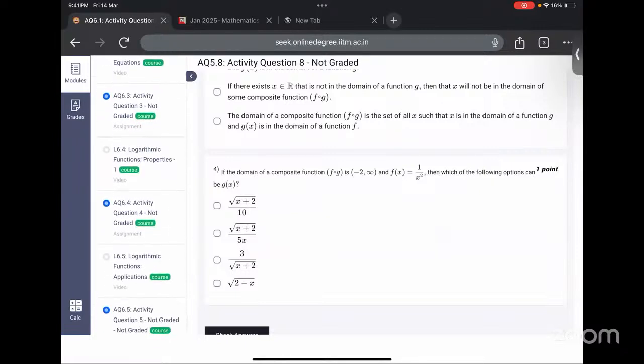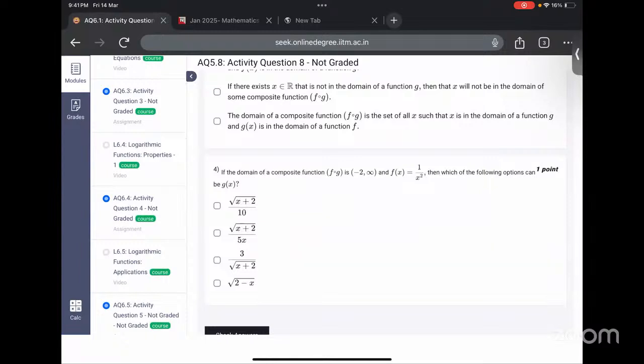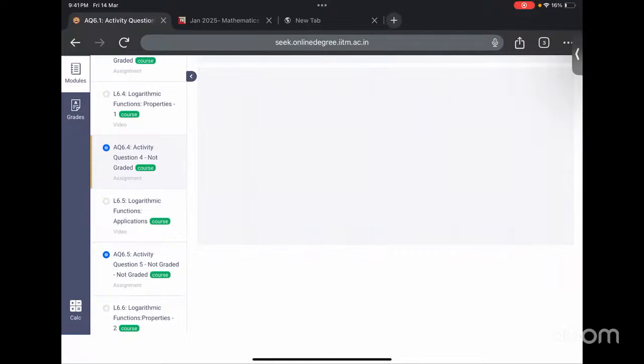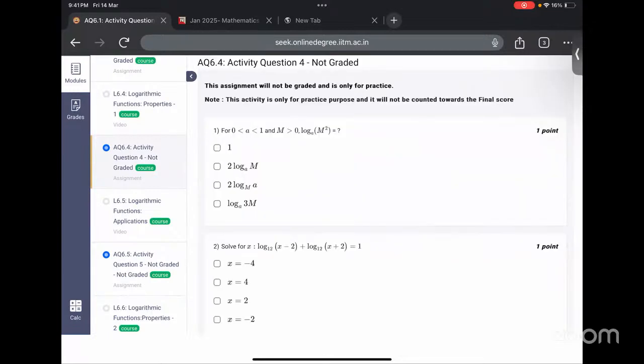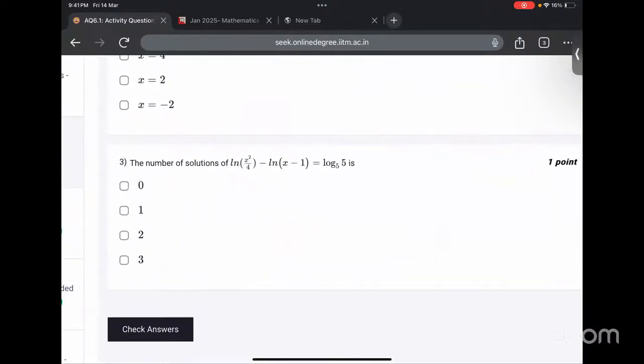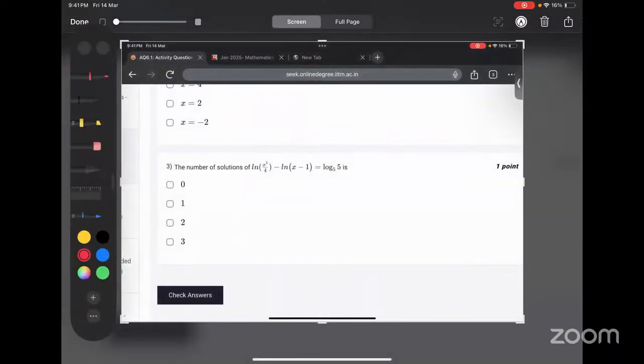This number of solutions, okay. For example 6.43, can we do it, madam? Okay, this one. First, take your time to solve it.